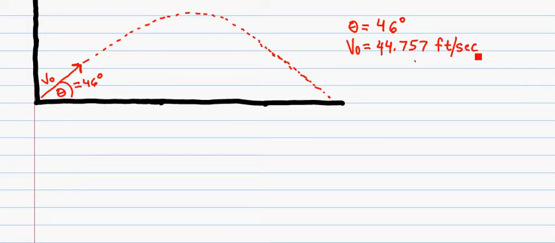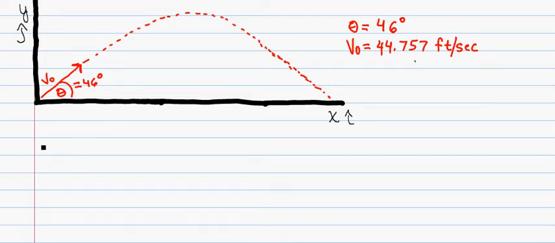Okay, so this graph kind of shows the rocket's flight path, and we can think of this as the y direction, this as the x direction. We could also say this is the unit vector i direction, and this is the unit vector j direction.